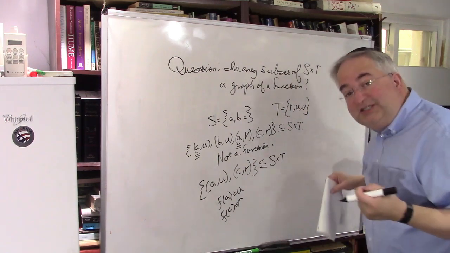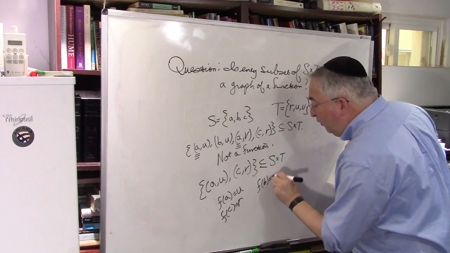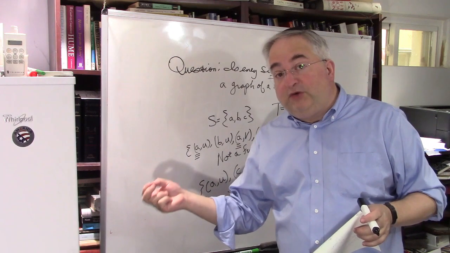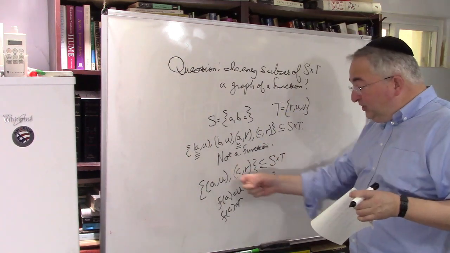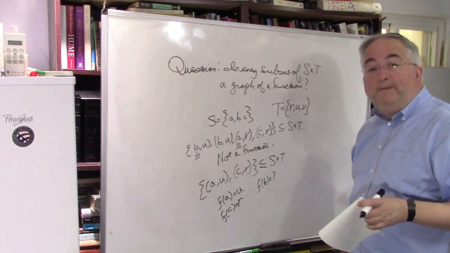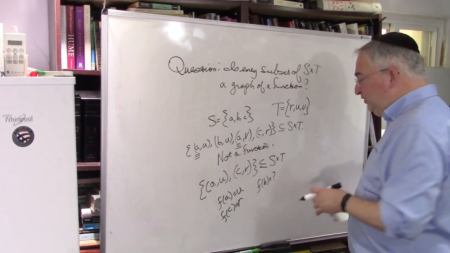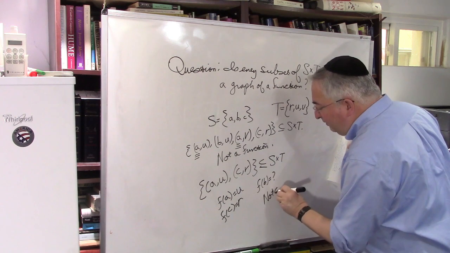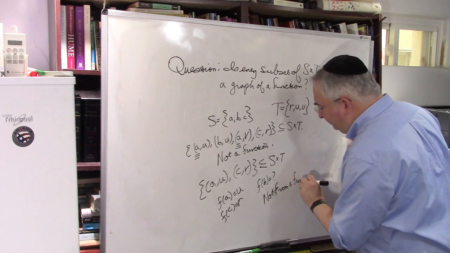But what are we missing? We're missing f of B. What's a function? It assigns every single element of the first set an element of the second set. This subset didn't assign a value to B. Therefore, it's not a function. This subset is not from a function.